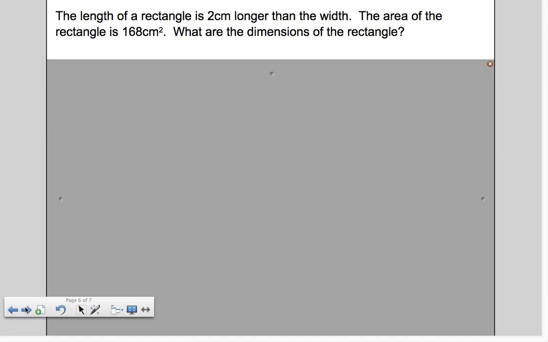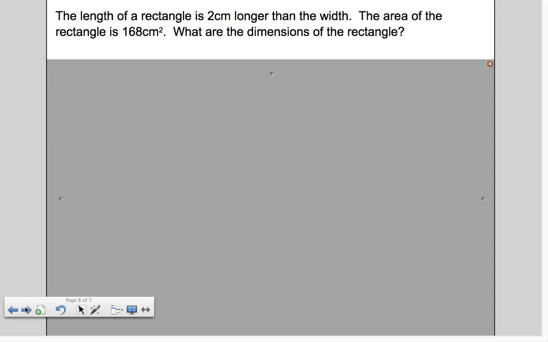Visualize these problems. So we talk about a rectangle, draw a rectangle. It will help us see the problem. So if you draw your rectangle, what can you see? Label your dimensions down. Now you get to what Sabrina's talking about.